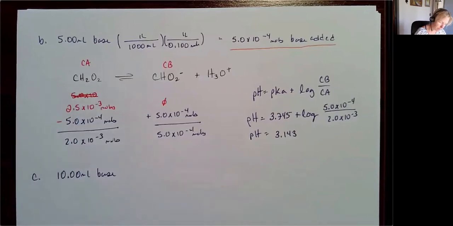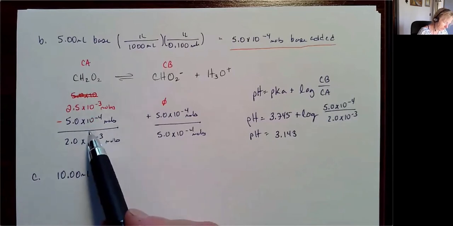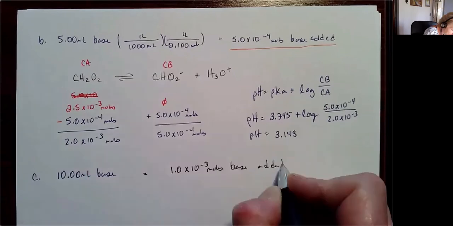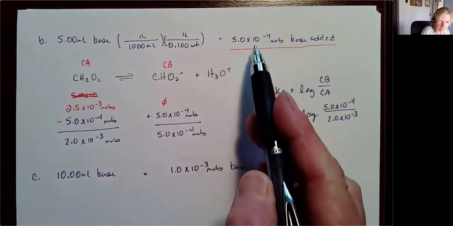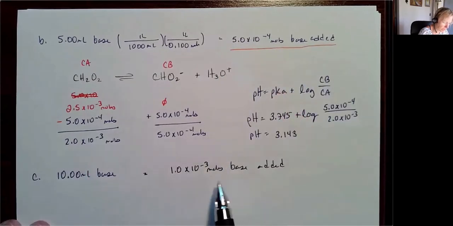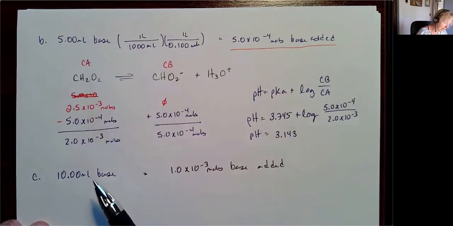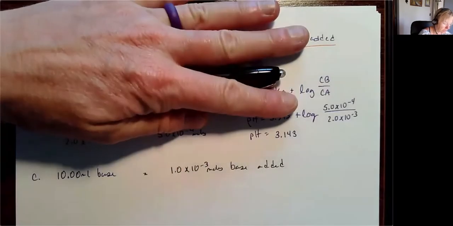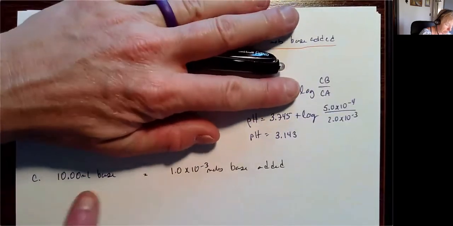I find it can often be confusing if I'm always trying to add on to what I did before. So I might just take this as independent. I'm going to pretend like I didn't do any of this and just see where my pH is if I've just added in 10 mils. So I haven't added in 15, I've added in 5 past that, but I'm going to pretend like I didn't do this calculation, and I'm going to do the same thing I did up here, but with this number of moles of base added.